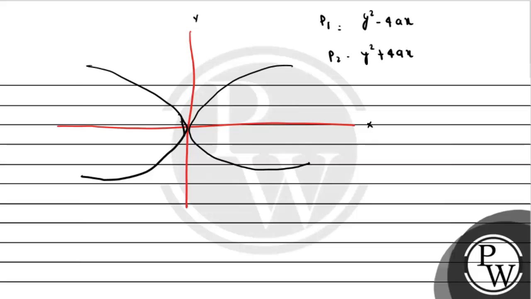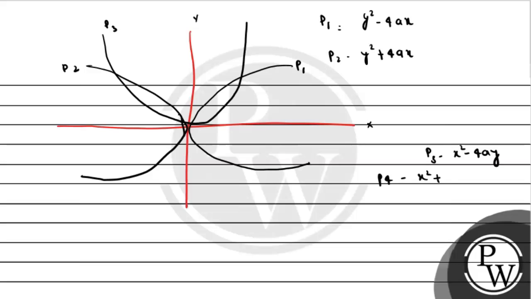Now the P3 parabola. The P3 parabola is x square minus 4ay. So this will be our P3 parabola. And the P4 parabola, this one is P1, P2, P3, and the last one is P4, that is x square plus 4ay.